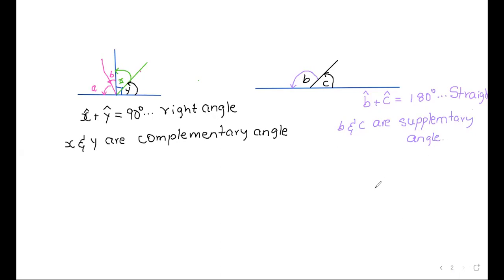Supplementary angles add up to 180 degrees, while complementary angles add up to 90 degrees.